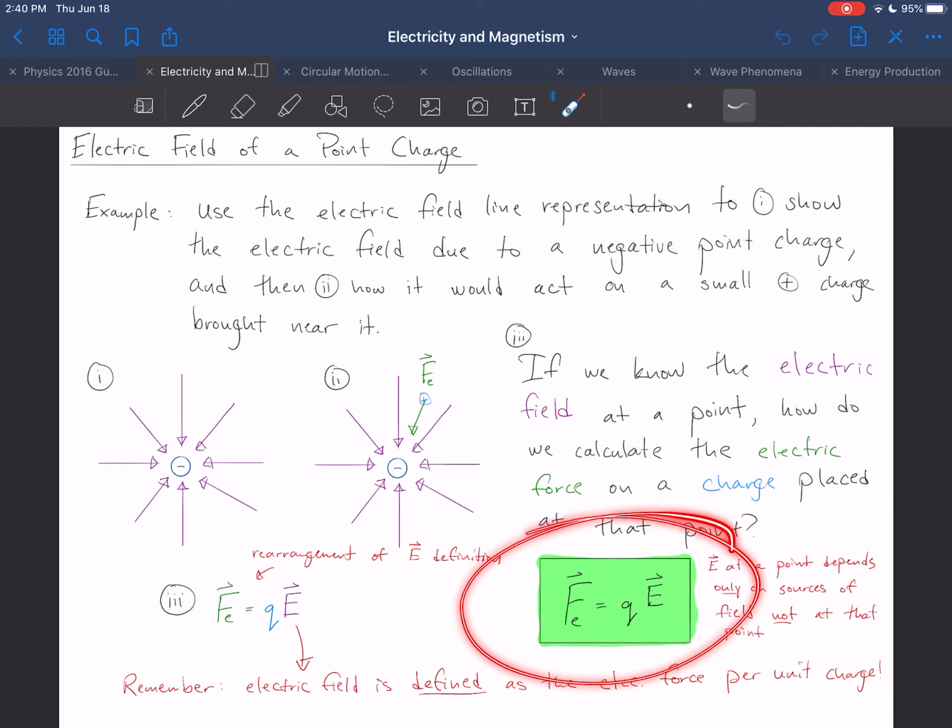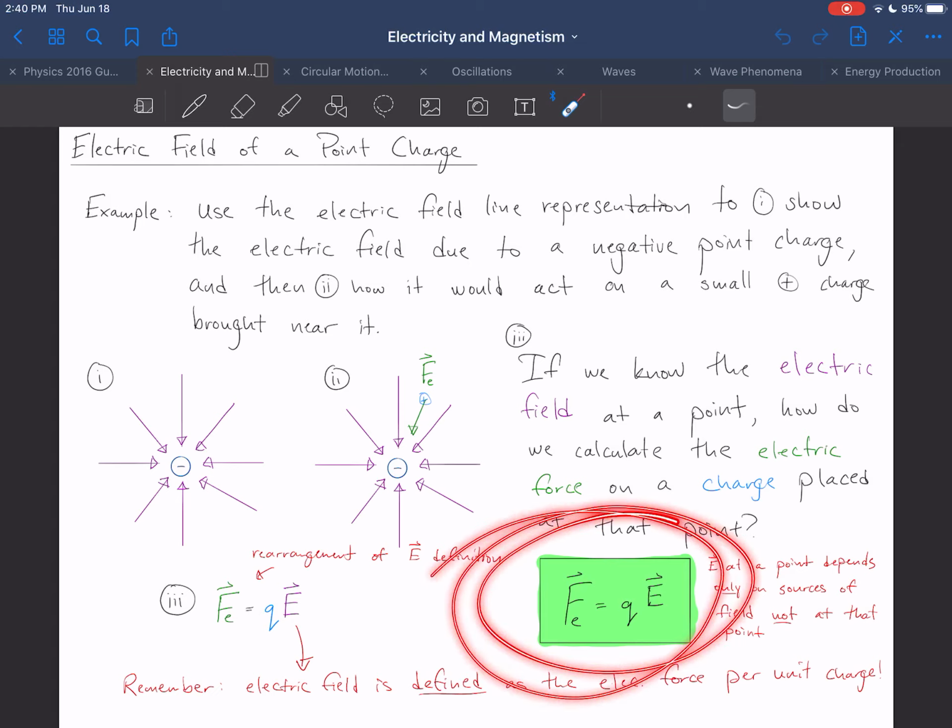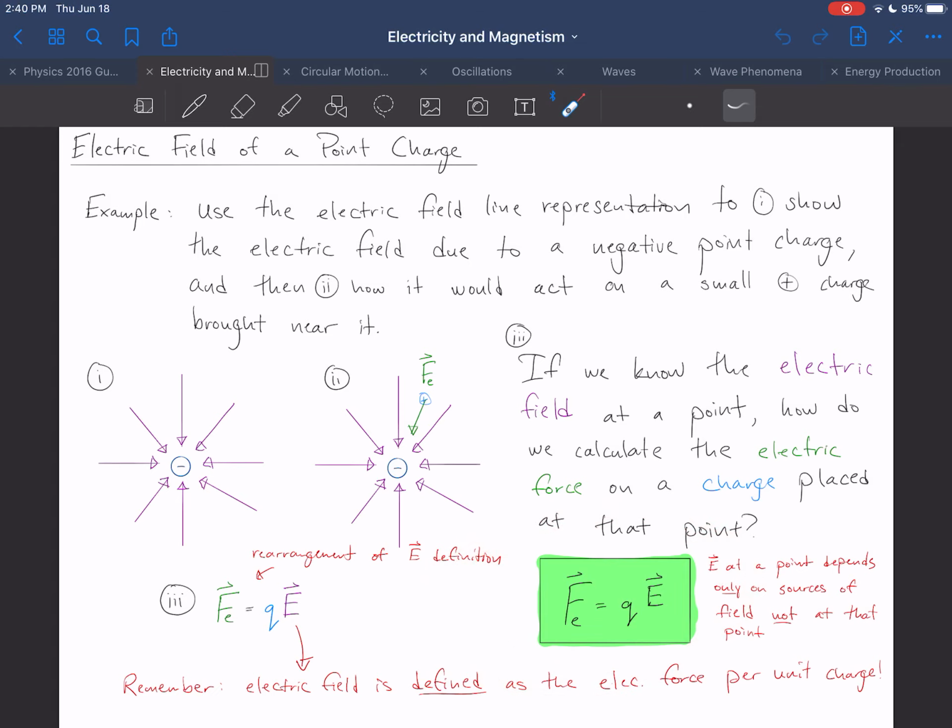And so, although it's a simple rearrangement of the definition of the electric field, this formula in some way is the whole point, because this formula corresponds to our explanation that the way that an electric force is applied to a charge is that the electric field in that area grabs on to the charge and applies the electric force itself, and that happens locally.